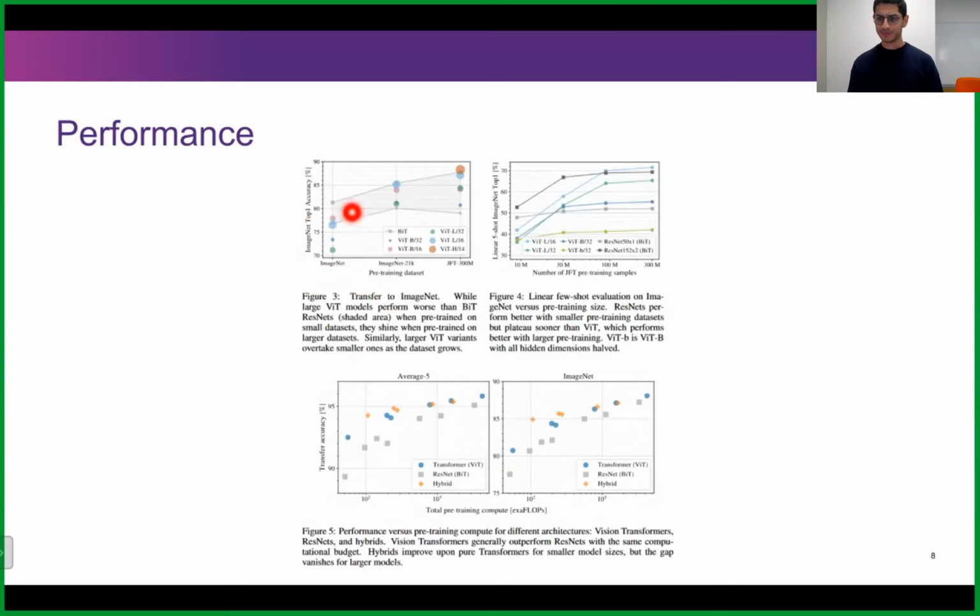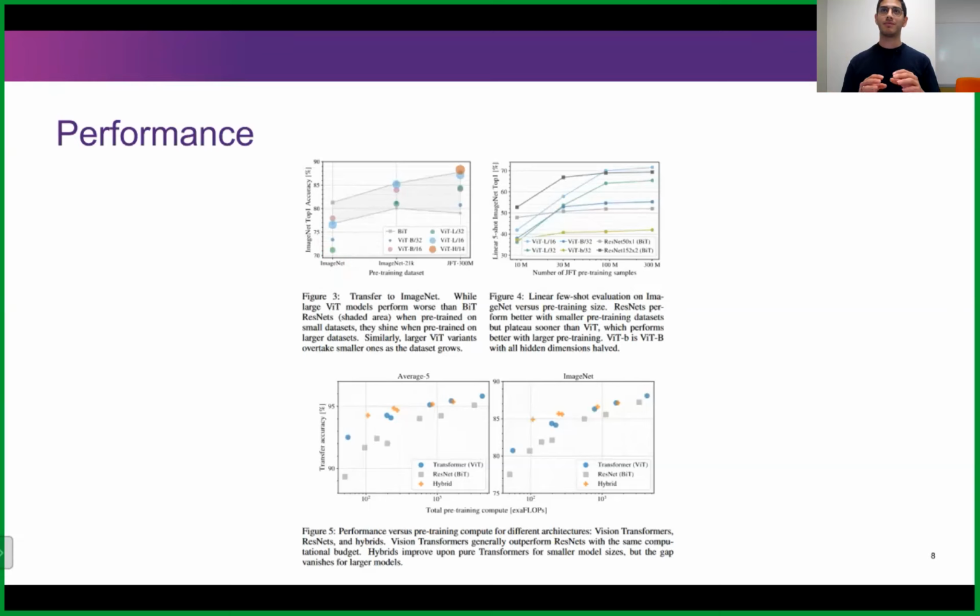And as you guys can see, the BIT, just in general, for a small amount of pre-training data, the CNN does better, right? And the author's argument here is, well, CNNs have a lot of inductive bias. They were built specifically for 2D applications, sort of, if you think of it like this.